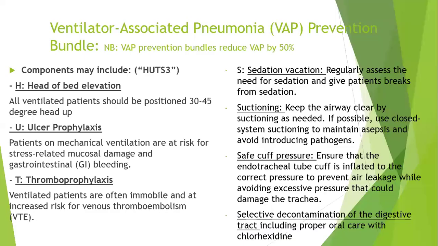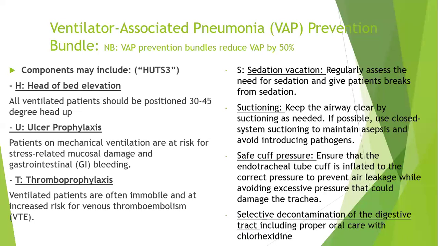There's what we call infection prevention bundles, and each of these healthcare-associated infections has different prevention bundles. It's been found that implementing VAP prevention bundles can help reduce ventilator-associated pneumonia in half of our patients, and that's very significant.